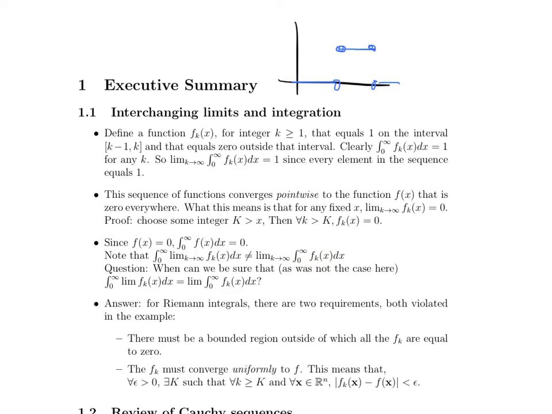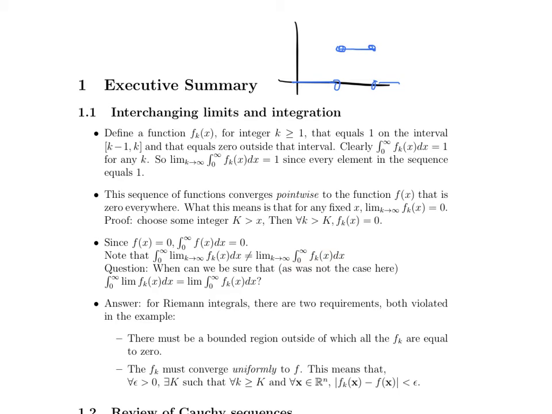Now, how is this broken down by this particular example? Well, if you pick any epsilon less than 1, and we're trying to find some big K that says, hey, after this big K, every single function that comes after big K has the property that the function value of f sub k of x is within epsilon of the function value of f of x.